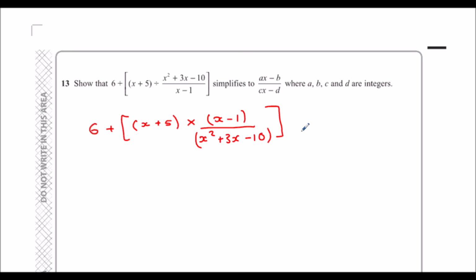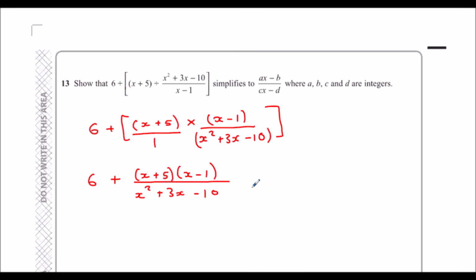And x plus 5 is the same as x plus 5 over 1. So that looks more familiar now. We're multiplying fractions, and when we multiply fractions, we multiply the top and multiply the bottom. So now we've got 6 plus one big fraction. We've got x plus 5 times x minus 1 on top, and 1 times x squared plus 3x minus 10 is x squared plus 3x minus 10.